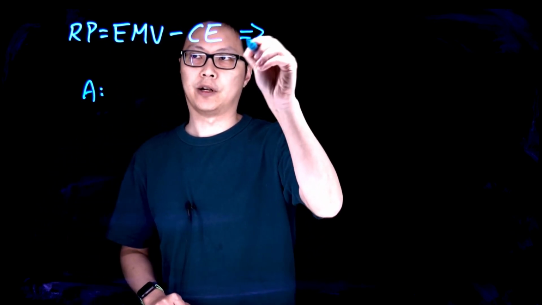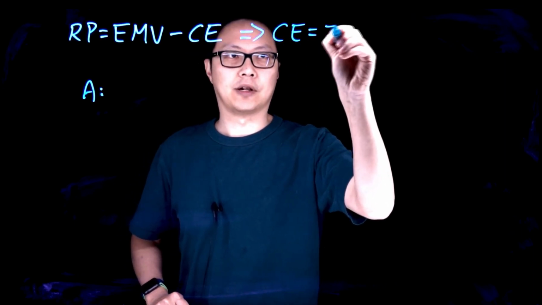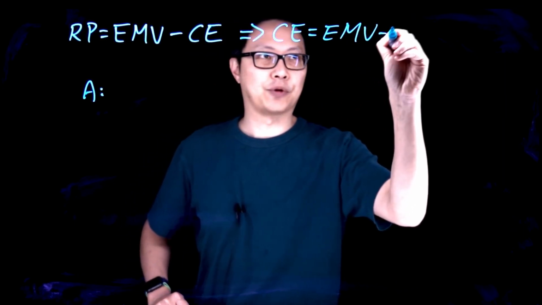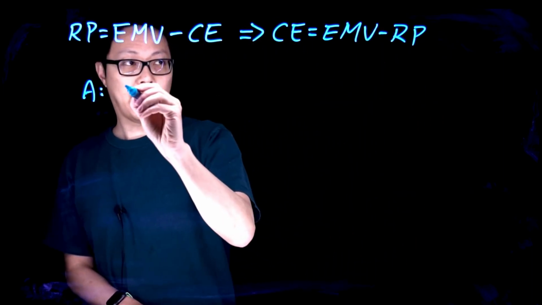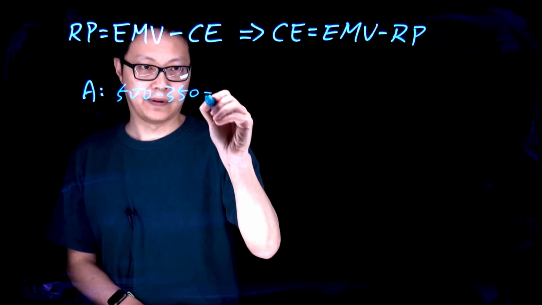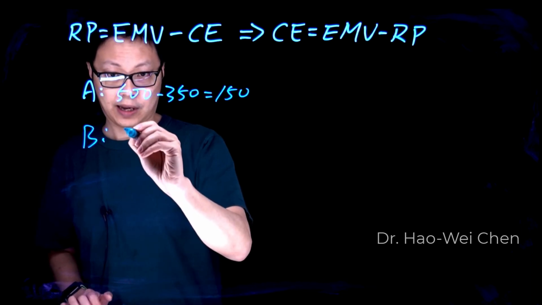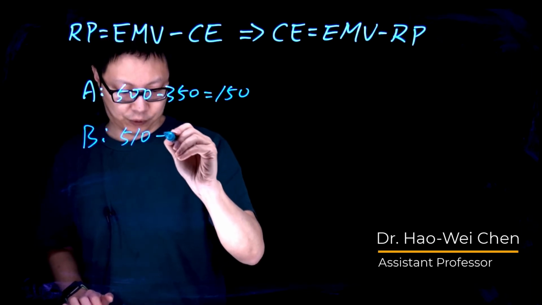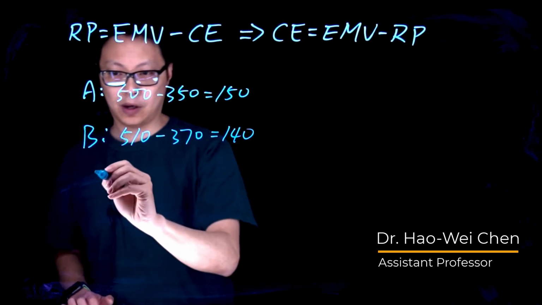By the way, let me remove those terms a little bit. That means CE is equal to EMV minus risk premium. So for A, I have 500 minus 350, that will be 150. For B, I have 510 minus 370, that will be 140.